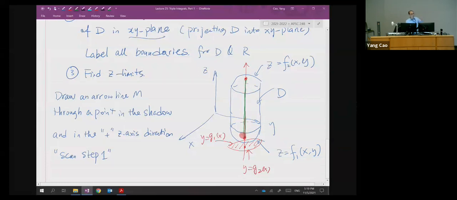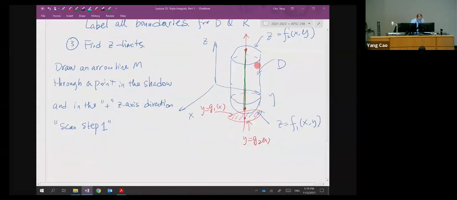This scan creates a straight line segment. Remember the idea is to scan through the region D, so it's not quite done yet. The first step only generates this green line segment.